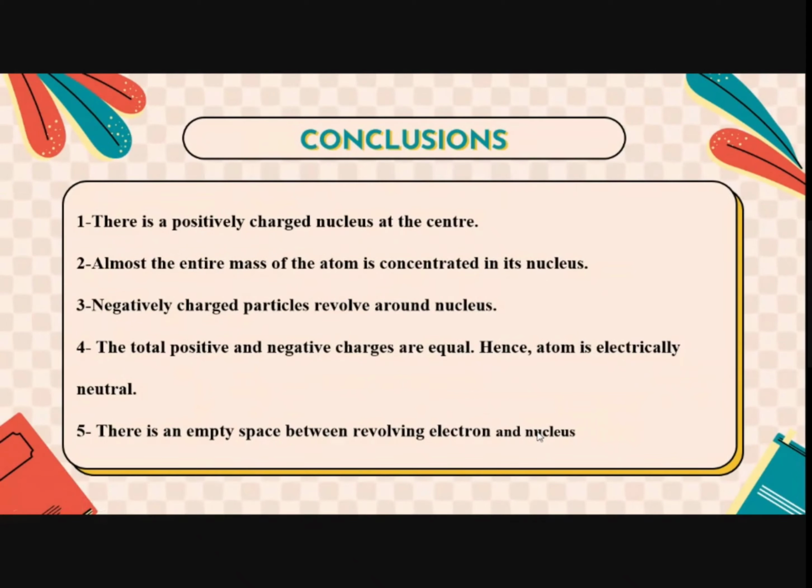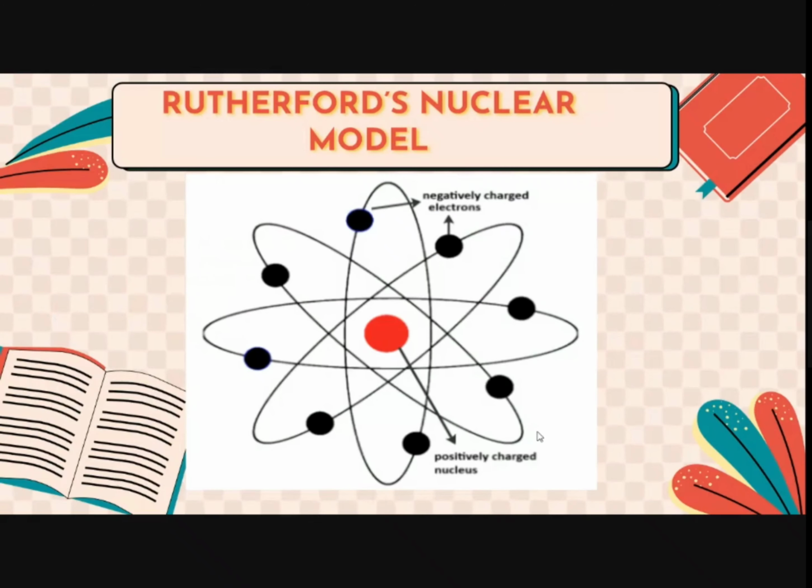So he assumed that not only is there a nucleus and electrons, but there is also a lot of empty space. And because of those empty spaces, many alpha particles were getting passed through the atom. So that was his last conclusion, and this is his model. Now I know this is not the correct model, but still this model gave the scientists ahead something to think about, how to actually decipher the exact model of an atom.